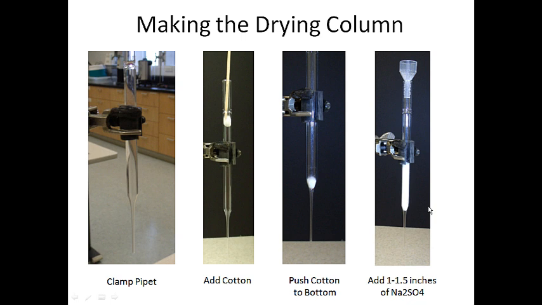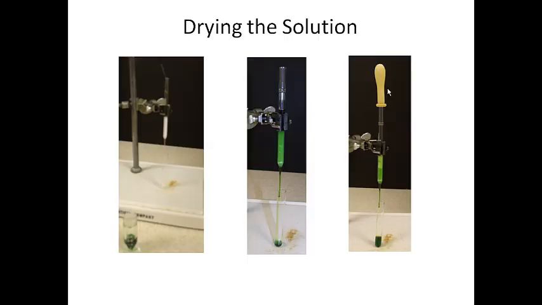You're then going to add enough sodium sulfate to give you 1 inch to 1.5 inches of height, and you can make a little funnel out of the plastic pipettes to help you pour the solution in. And then you're going to add 1/3 of your green extract to the drying tube.